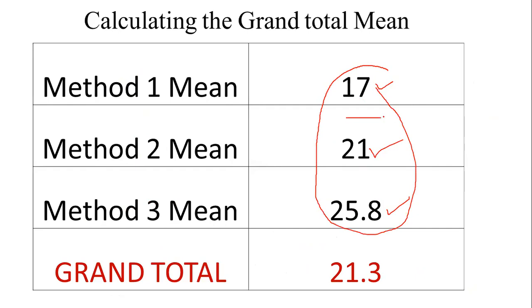So you take 17 plus 21 plus 25.8, divide by 3, because there are 3 groups. You get what we call the grand mean, which is 21.3. Also very important, we will use this mean elsewhere in our example.